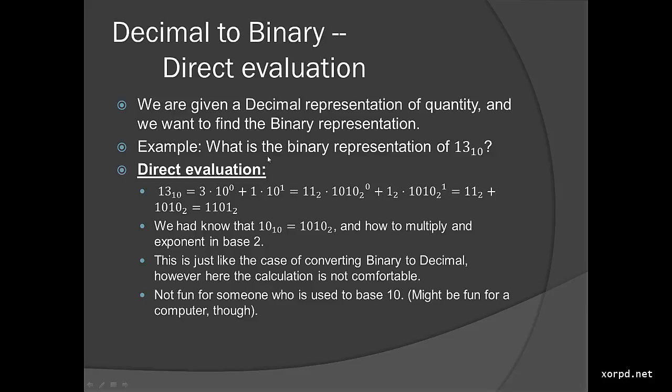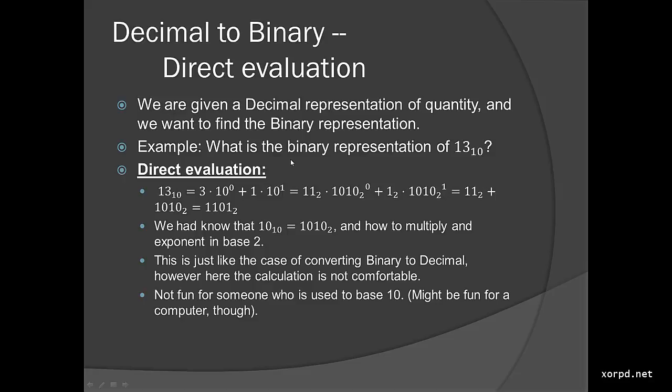For example, what is the binary representation of the number 13? The direct evaluation way would be something like this. We know that in base 10, the value is calculated in this fashion: 3 times 10 to the 0 plus 1 times 10 to the first.